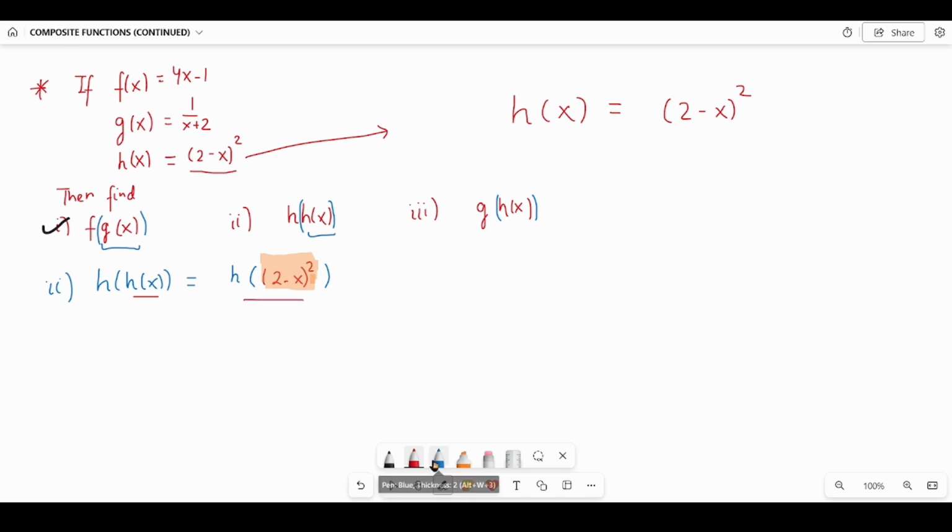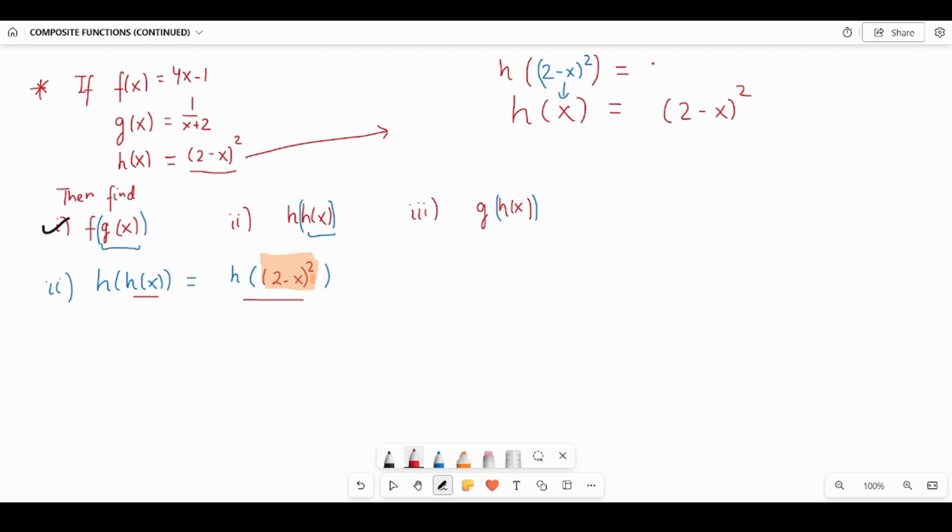Now all we need to do is replace the input x of the function with the desired input of 2 minus x whole squared. So this will basically become h of 2 minus x whole squared. Again you can see we have just replaced x with 2 minus x whole squared.